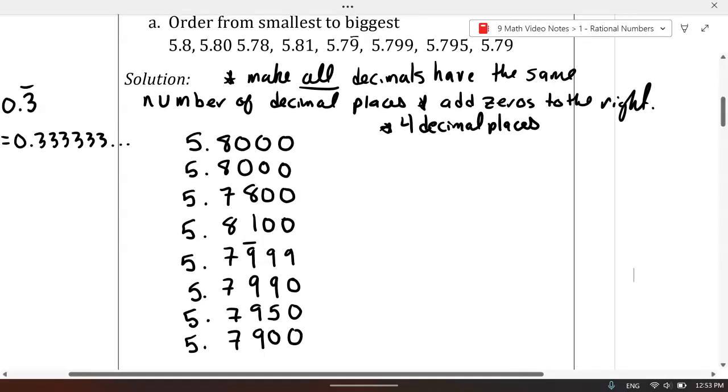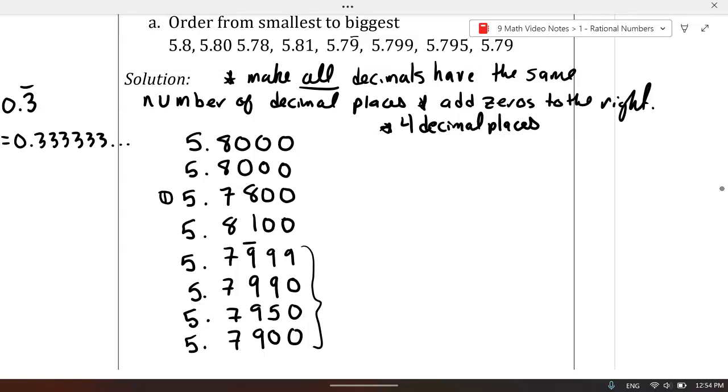So this one right here is the smallest. I'm going to put a 1. Now what is the next smallest number? Well, I know that 7,950 is bigger than 7,900. So this is the next smallest number, so I'm going to put a 2. And then the next smallest number is this one, which is a 3.